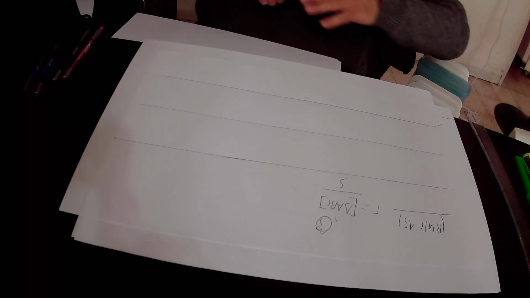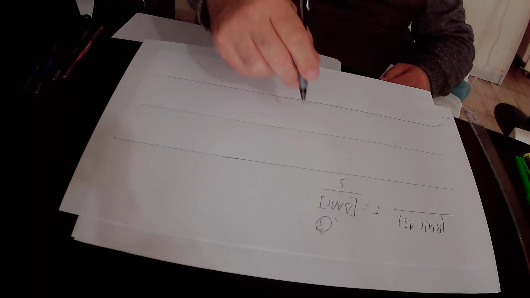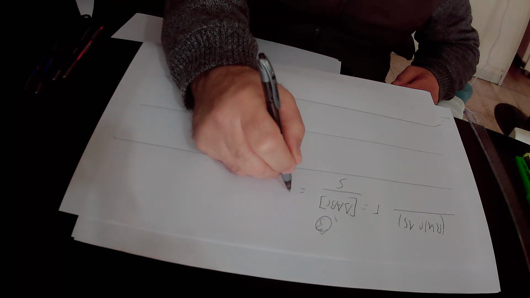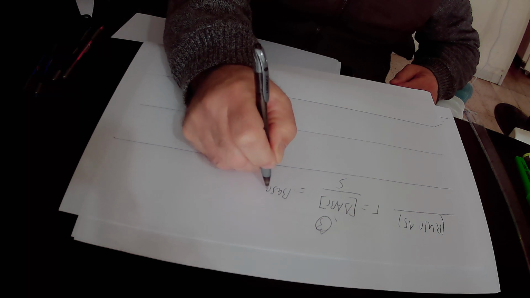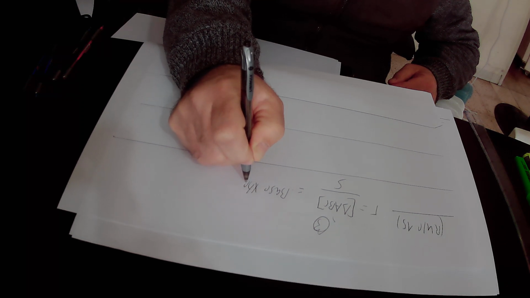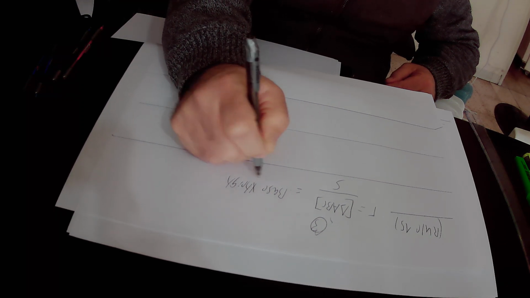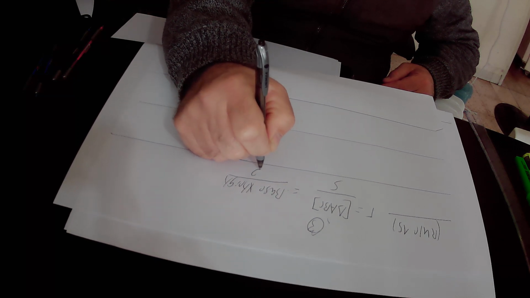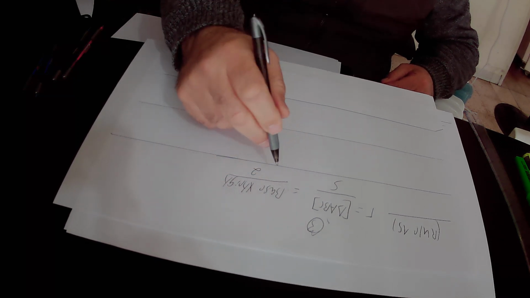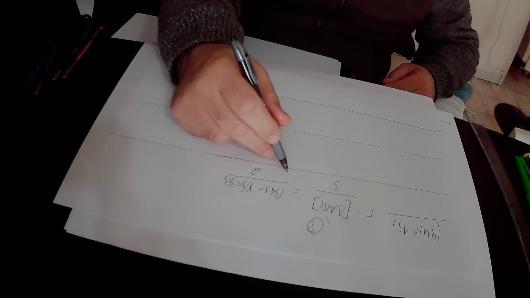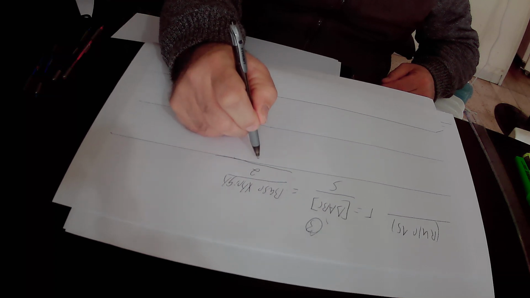The area of any triangle is the base of the triangle times the height to the base over 2. And you have to divide it by S, that is the semi-perimeter of the same triangle, triangle ABC.